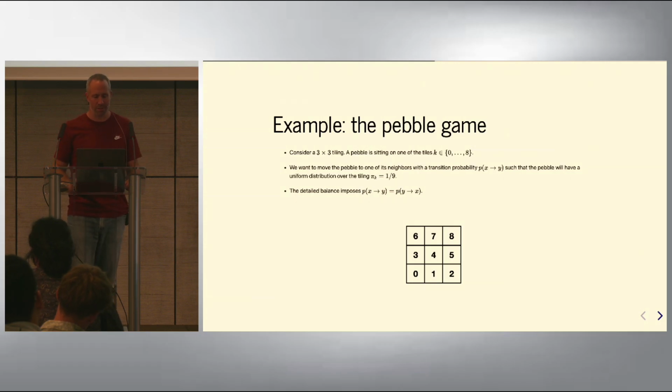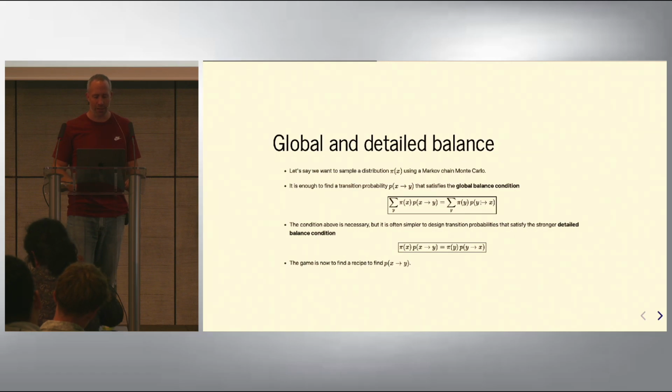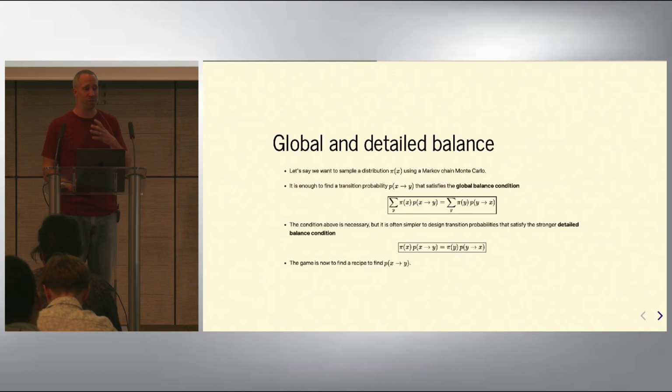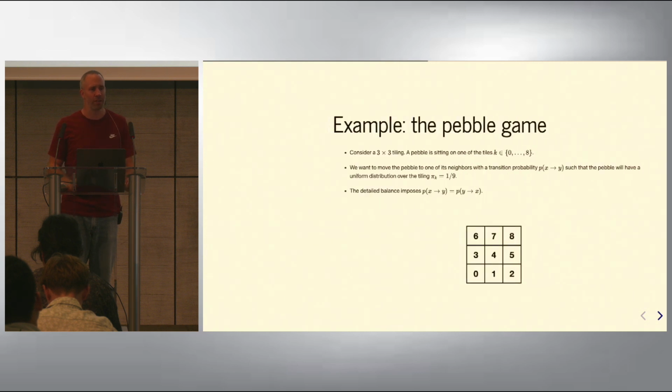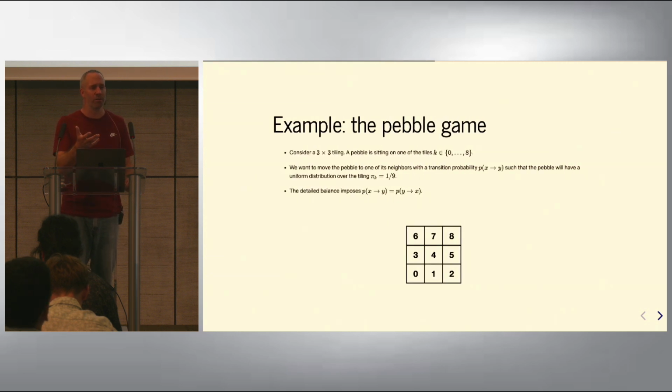So yes, indeed, you're right. It's not enough to satisfy the global balance. If you're not ergodic, this is not going to work. You need to be both ergodic and satisfy the global balance condition. Is there a way of estimating this, or do we assume ergodicity? Oh no, you need to check yourself and make sure that whatever your algorithm is, it is ergodic.